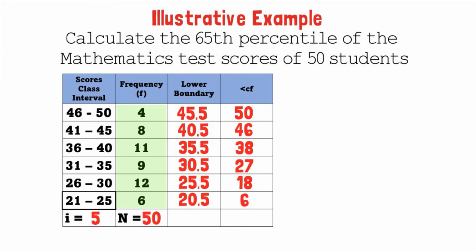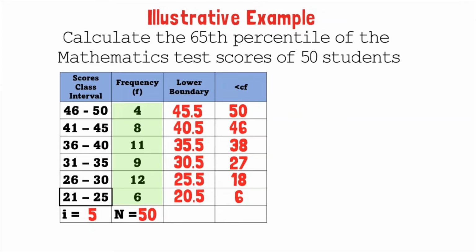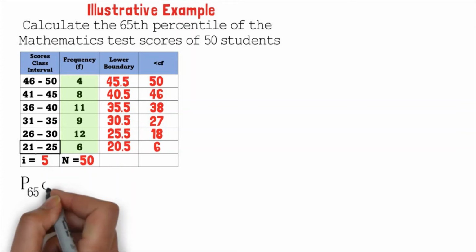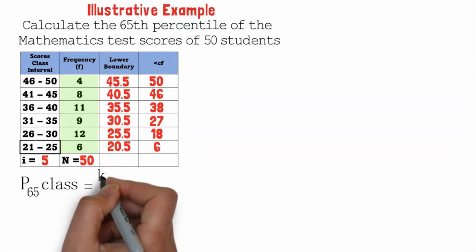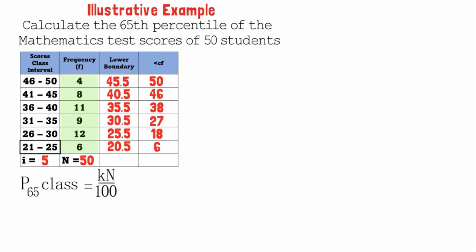After filling out the table, let us now compute for our P65 class. Gagawin natin to to determine kung anong class ang pagbabasihan natin in computing for the P65. So P65 class is equal to K times N divided by 100. Since we're looking for the 65th percentile, that means K is equal to 65 and N is equal to 50.